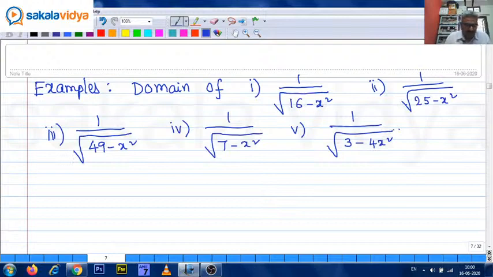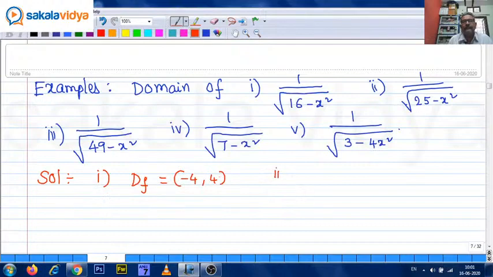Because this is for offline viewers. Solution. We check your answers, all of you. First one. A square is equal to 16. A is equal to 4. Critical points are minus 4 comma 4. So that will be domain of f is equal to minus 4 comma 4.